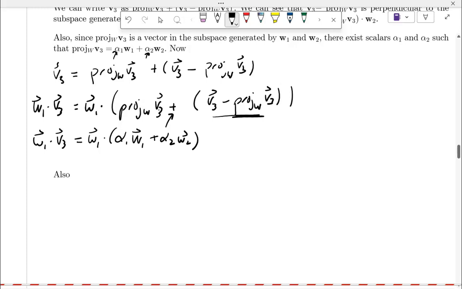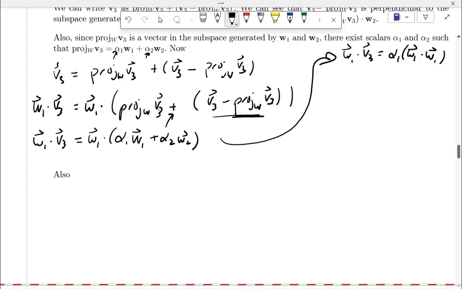So the next line is W1 inner product with the projection. What can I do now with the W1? I can distribute again, right? But remember, what are we assuming about W1 and W2? They're orthogonal. So when I distribute to that second term, I'm going to get 0 again. So now we have W1 inner product with V3 is alpha 1 times W1 inner product with itself.